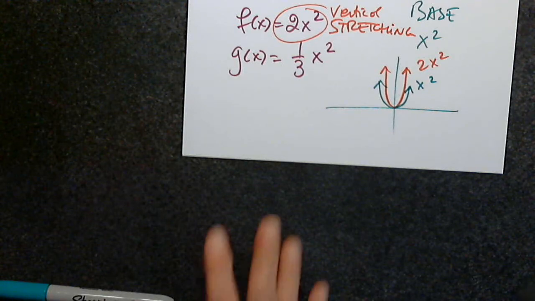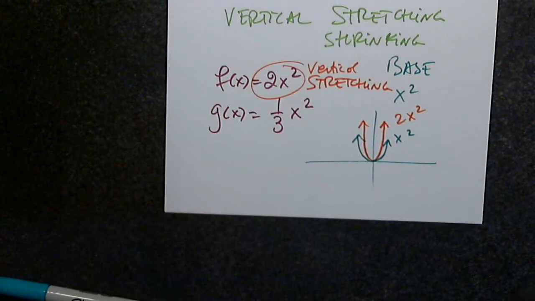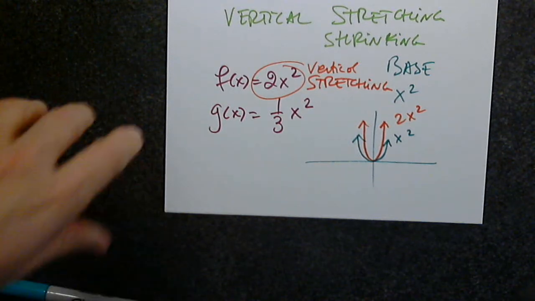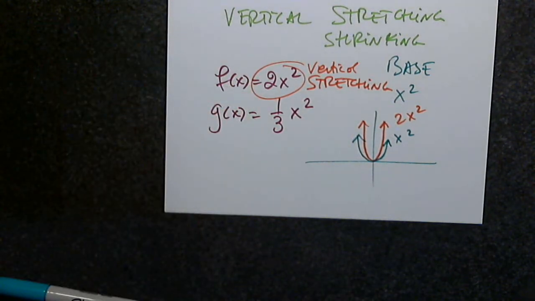What transformation is 1/3 x squared? Is it on x or is it on y? Of course. But this time, I want all y values to be divided by 3. Not multiplied by 2, but divided by 3. Multiplied by 1/3 means divided by 3.